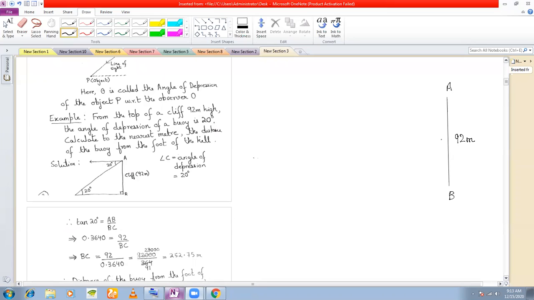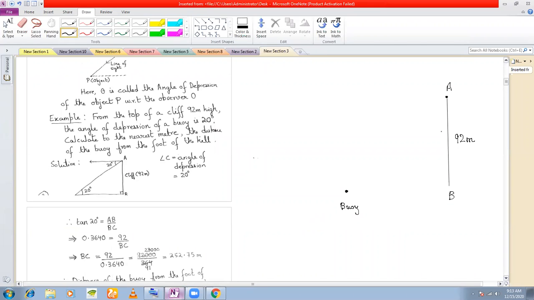Okay, AB is your cliff, 92 meters high, and here is your river, and here is your buoy somewhere over here, a floating object in the river. So clearly your buoy is your object here. Okay, and the observer is observing from the top of the cliff.